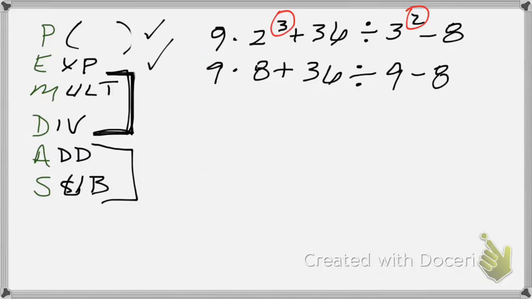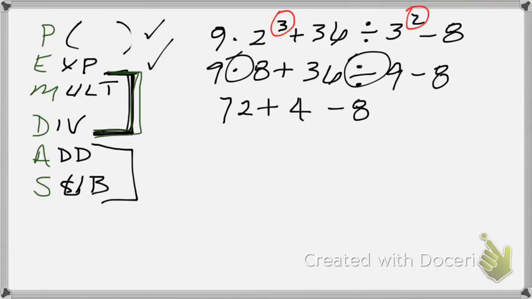We did our exponents. Now we're going to do the multiplication and division from left to right. Okay, so 9 times 8 is 72 plus, oh, there's a division. We're going to do that one. 36 divided by 9 is 4 minus 8. Okay, so we took care of our multiplication and division as we came across them from left to right.